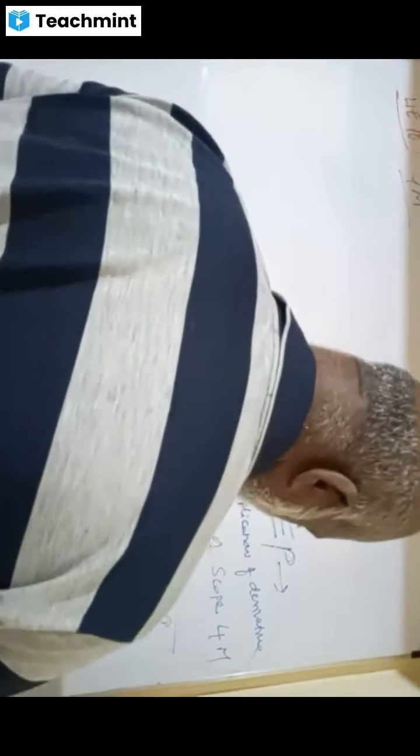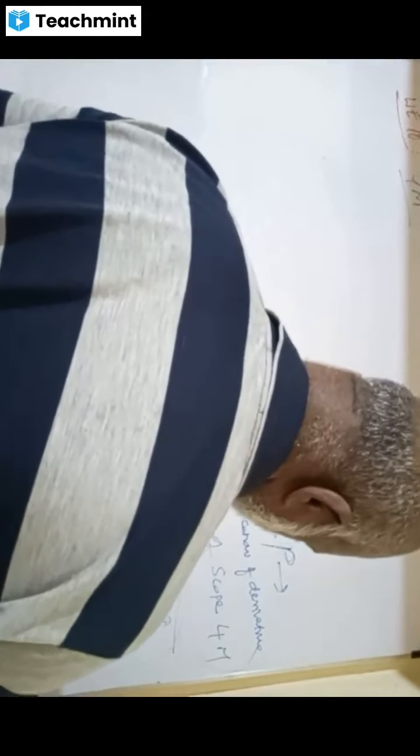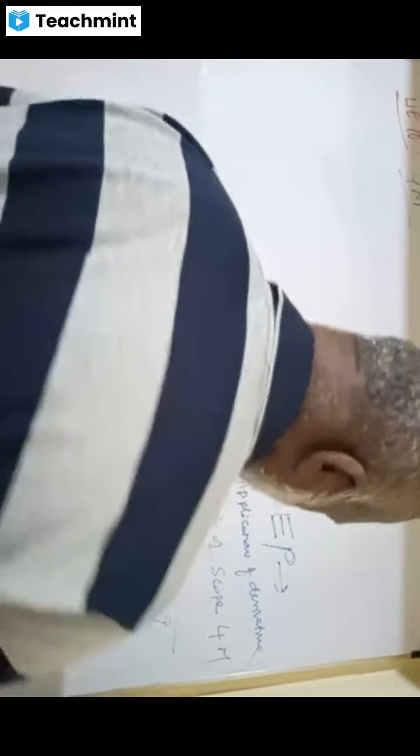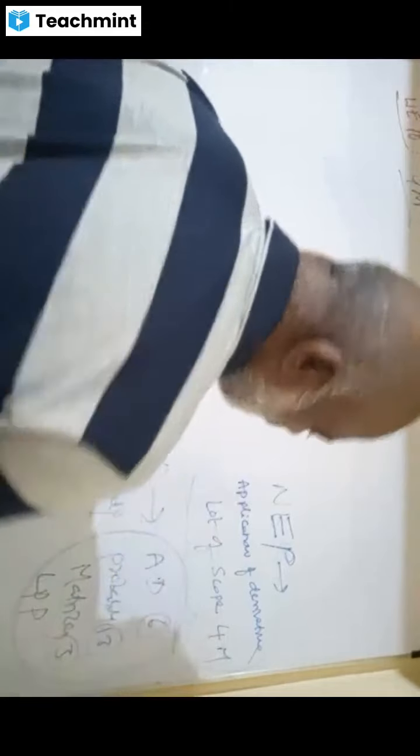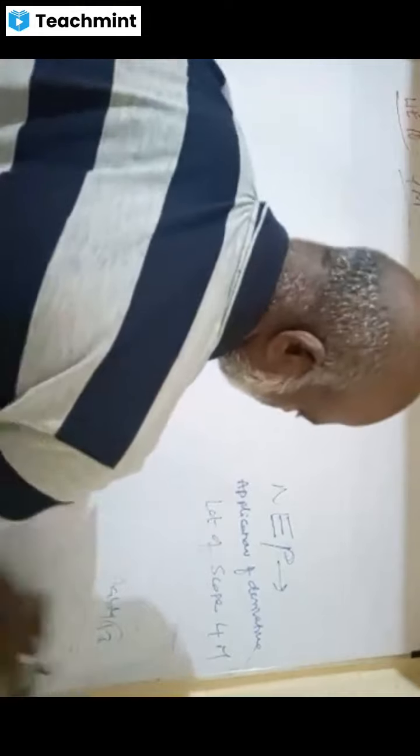This is last. This is the 12th chapter, I think. LPP. Out of 4, definitely 2 will be taken. In these 4 chapters, if you are strong, then only you can attempt your case study questions.